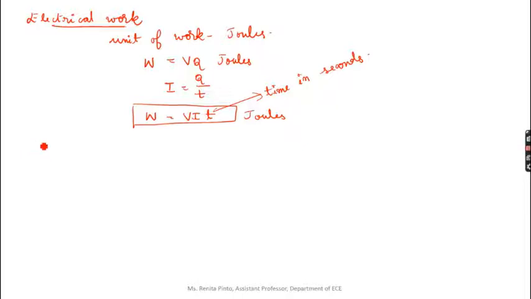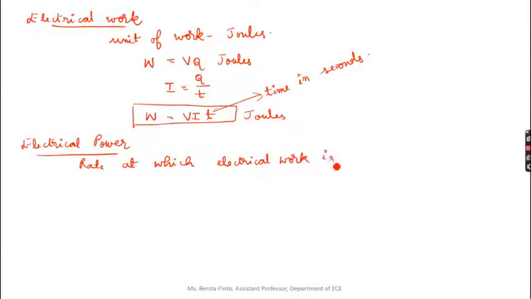Next is electric power. The rate at which the electrical work is done in an electric circuit is called electric power.